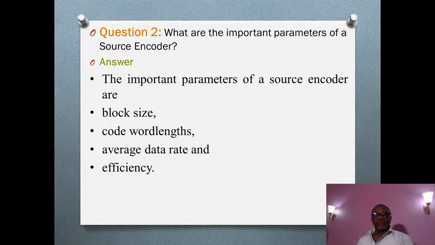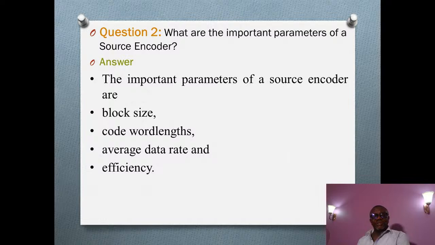The code word length is the number of bits that represents an information, and for digital systems, it determines the number of registers or storage spaces that the system can accommodate.